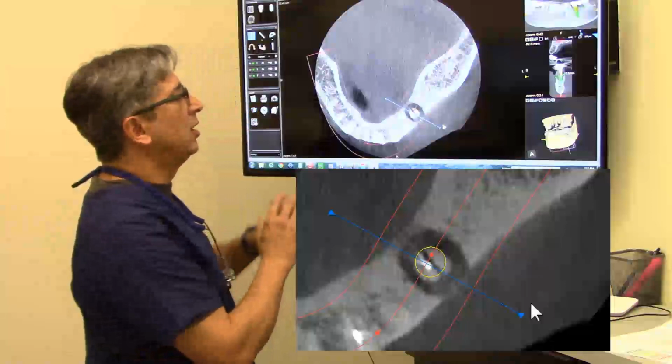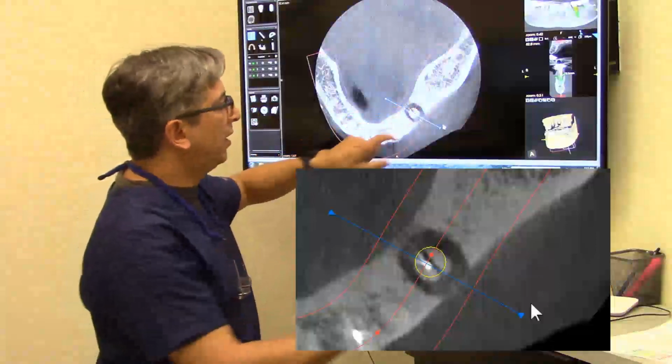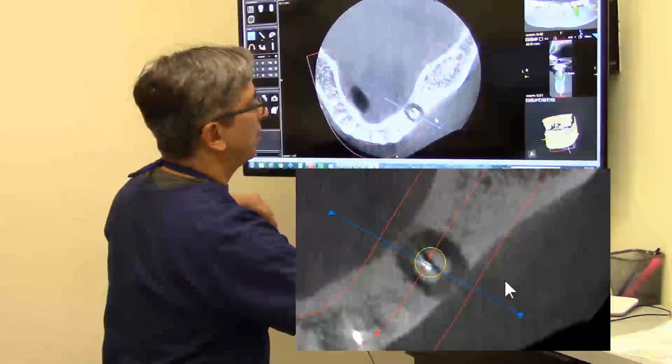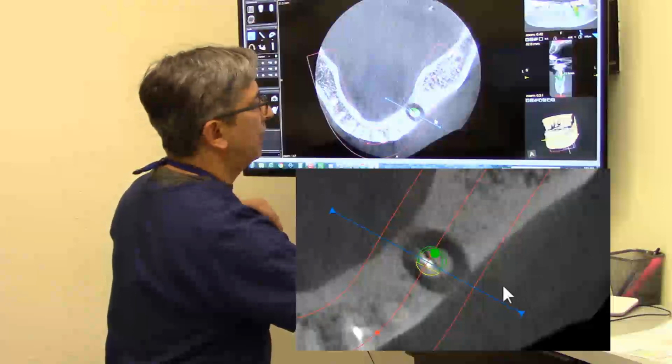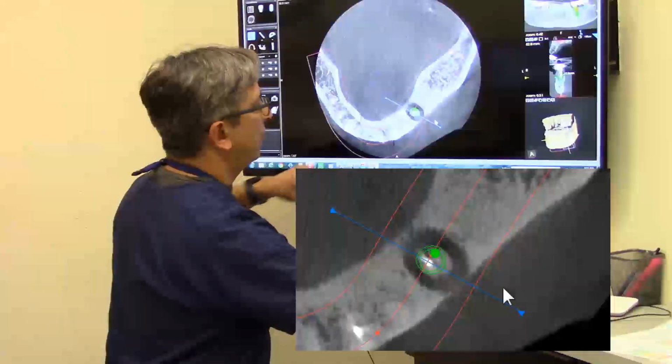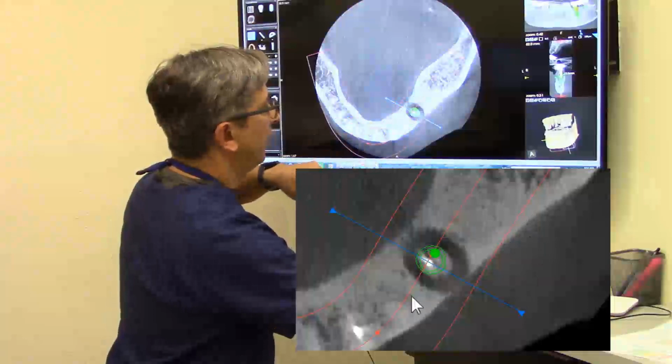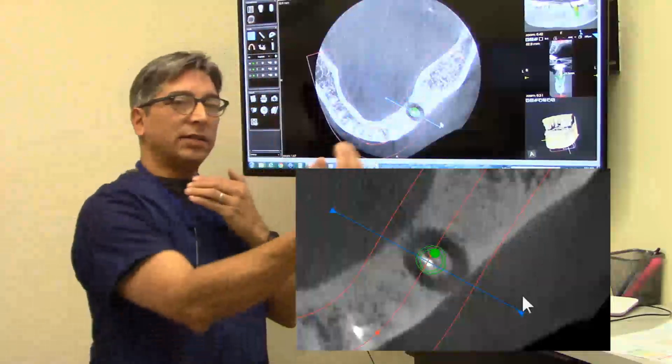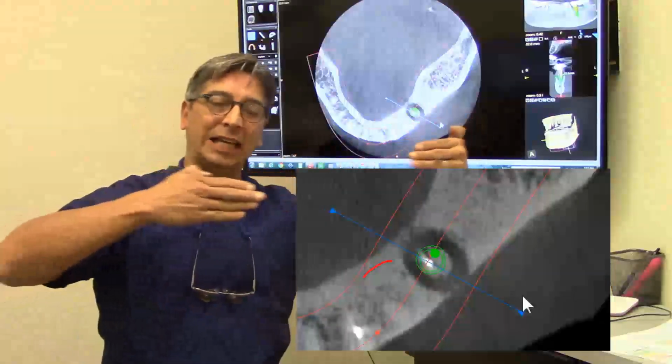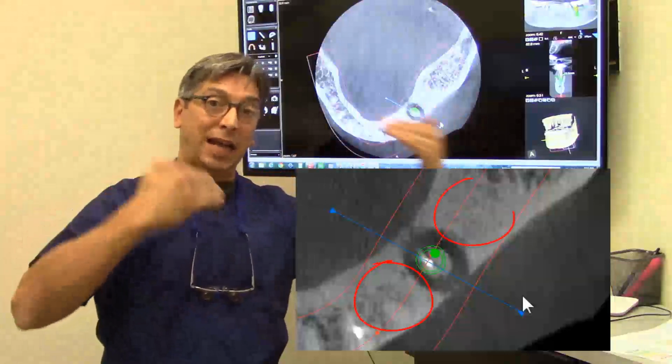Now here we have all this bone loss, and in this case you can see how dense the bone is here and here. So it already doesn't have a very good capacity to heal bone from the sides that have bone.